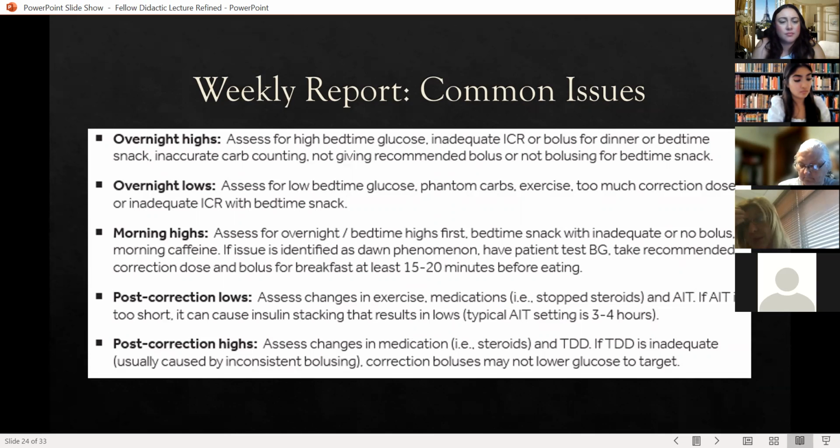Sometimes when they have overnight lows, it's what they do right before they go to bed. They gave too much insulin late at night, or they ate a very high glycemic meal. So a lot of times that's an insulin to carb ratio fix. But when you look at these sensor tracings, sometimes you can see maybe at 4 a.m. they start to really go low.